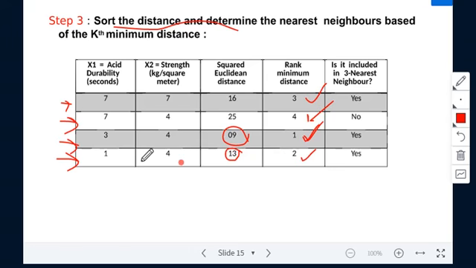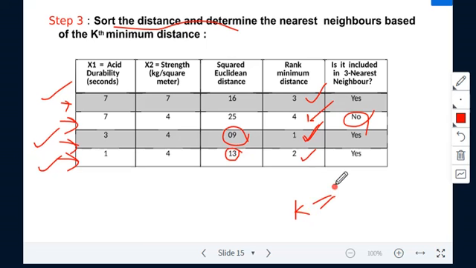That means we take this instance, this instance, and this instance.